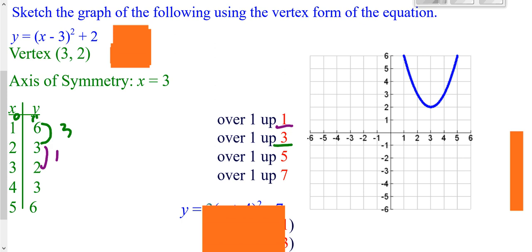So you can see that from here to here, you would have been going up by 5, which correlates to this. So looking at your graph, over 1, up 1. Over 1 more, up 3. Then over 1 more, then up 5 for your next point. So you can use that pattern if you want.